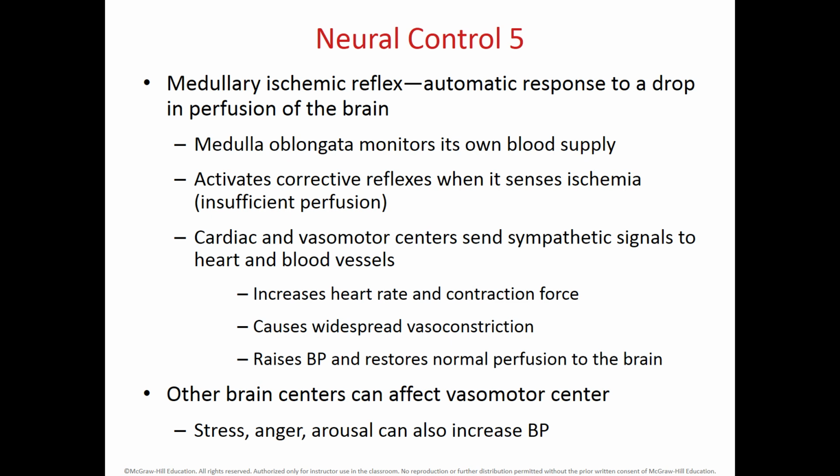So you will activate your cardiac and vasomotor centers, and then you will send a sympathetic nerve signal into the heart and the blood vessels so you can increase the contractility of the heart and the heart rate, and also you will produce vasoconstriction so you can have more blood pressure, and then you can restore the blood flow into the brain.